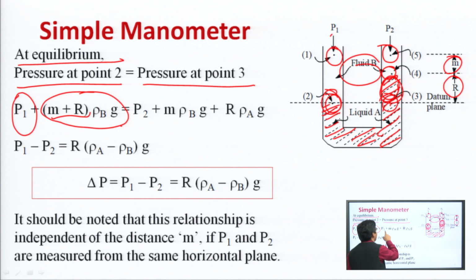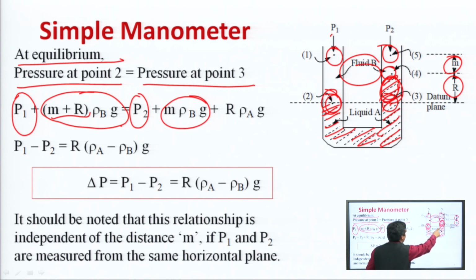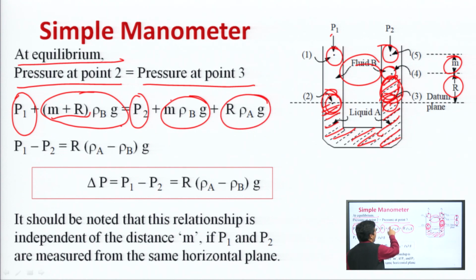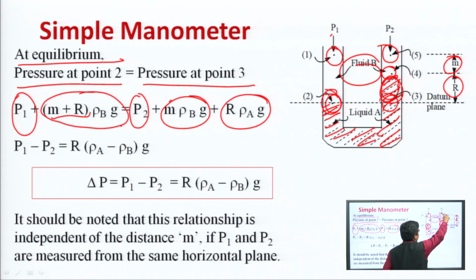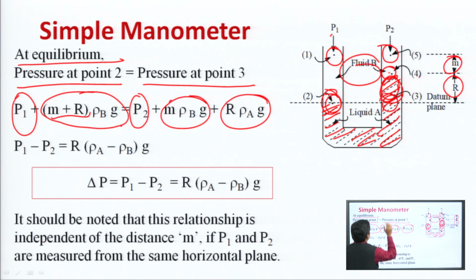So, the pressure at point 5 is P2, the pressure exerted by fluid B at point 4 is m rho B g, and the pressure exerted by liquid A at point 3 is r rho A g, where m is the height of fluid B between point 4 and point 5, and r is the height of liquid between point 3 and point 4. Now, at equilibrium the pressure at point 2 is equal to the pressure at point 3.